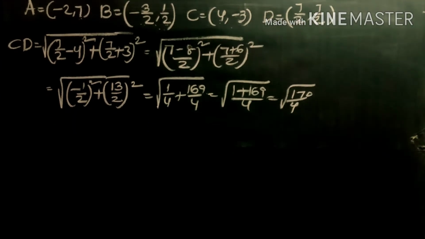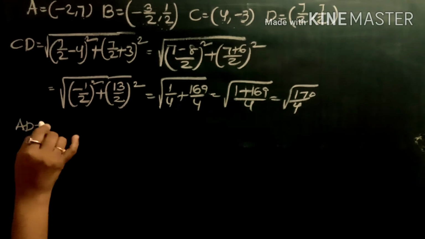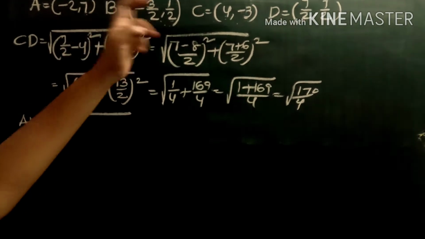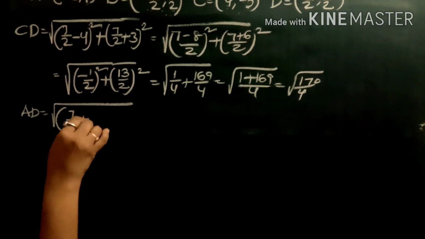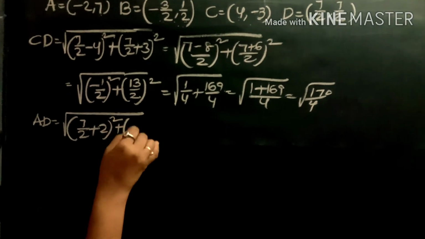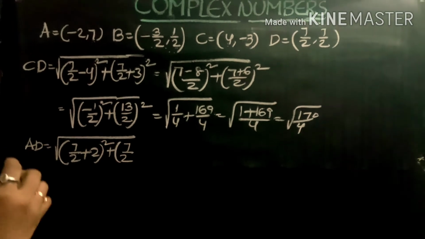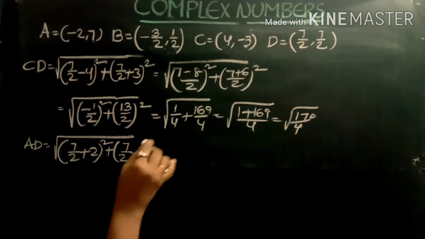Next finding the AD value. AD is equal to the square root of the distance between the first and last points, that is (x2 minus x1) whole square, 7 by 2 minus (-2), 7 by 2 plus 2 whole square, plus (y2 minus y1) whole square, 7 by 2 minus 7 whole square.